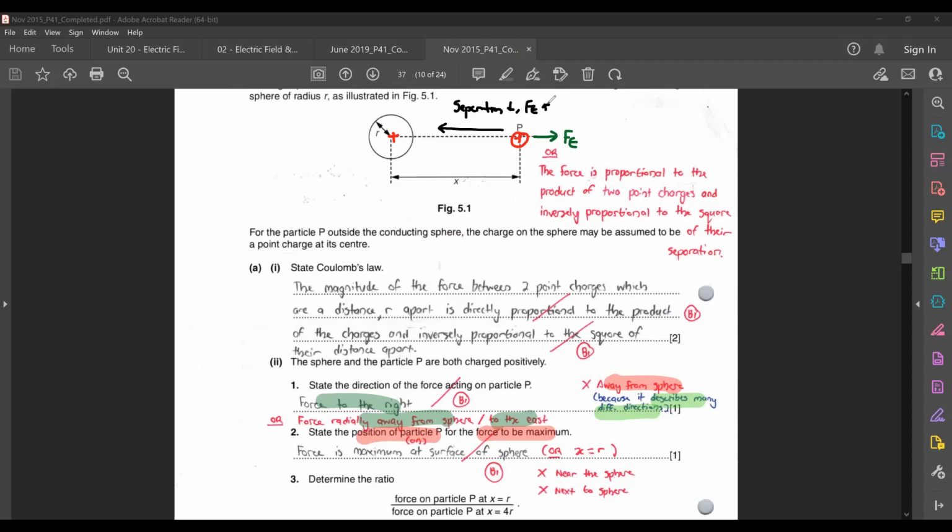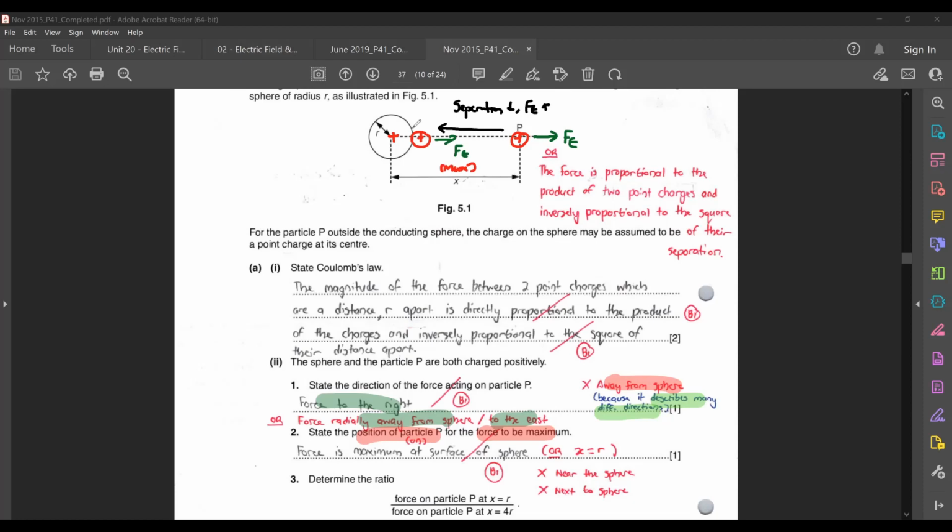Common sense would tell you that, because the closer you place the charges together, the bigger your force will be. So by right, your maximum force ought to be when you place it all the way right next to your sphere. That's where you have maximum electric force. This is where you have Fe max, isn't it?